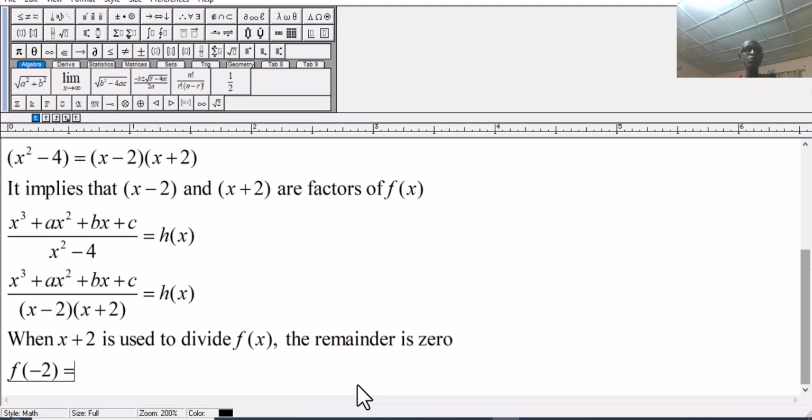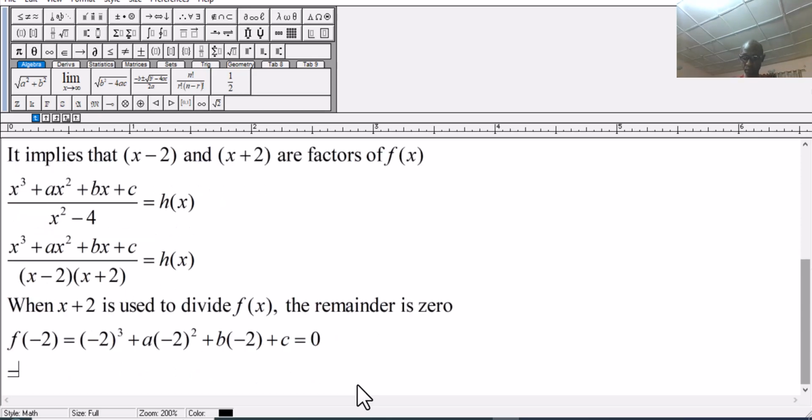So we now have minus 2 all cubed plus a into minus 2 all squared plus b into minus 2 plus c. Everything will be equals to 0.